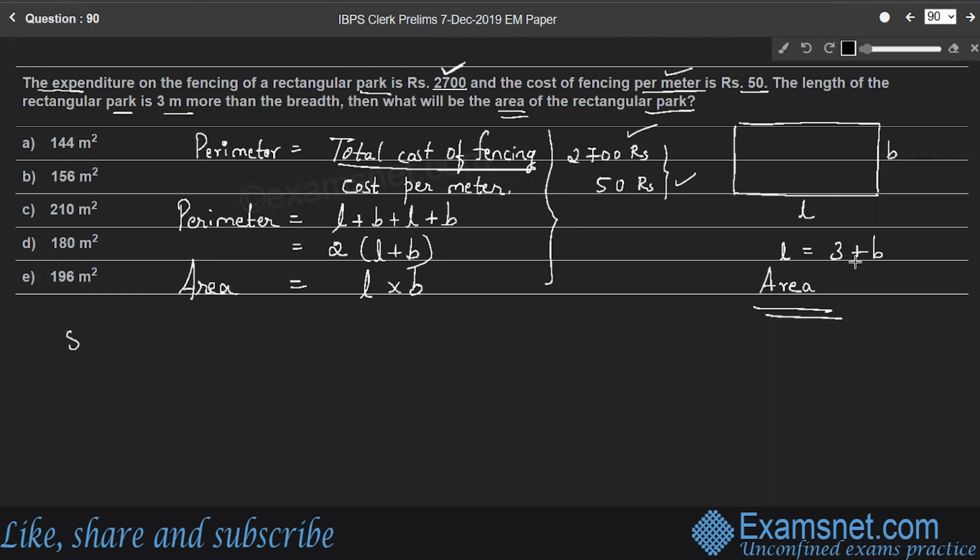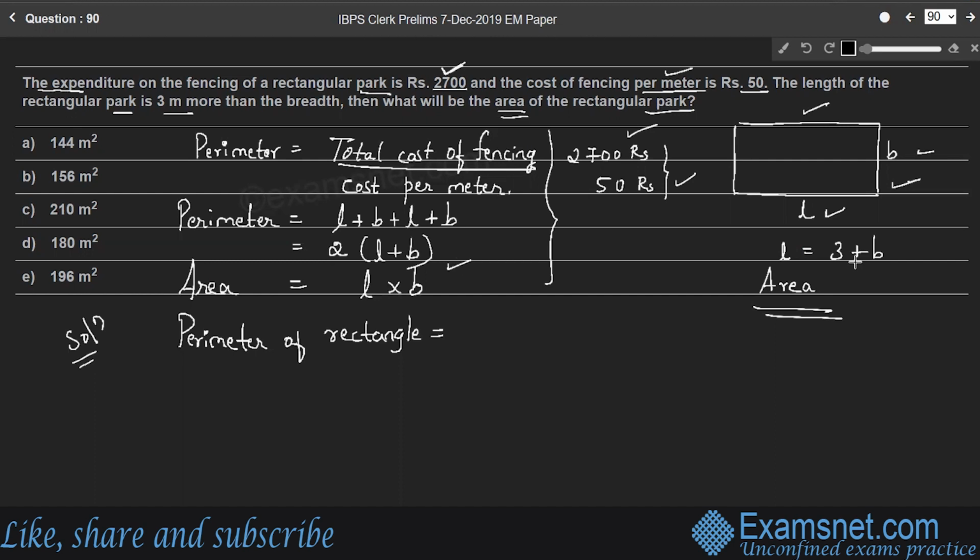So solution. Perimeter of the rectangle is equal to, first we are going to find the perimeter of the rectangle. Right. So based on the value of perimeter, we are going to find length and breadth using this formula.